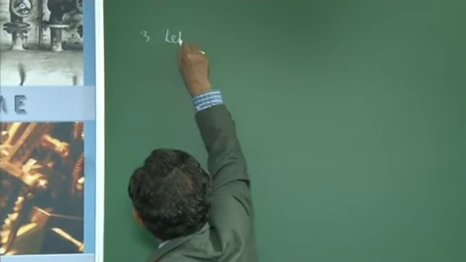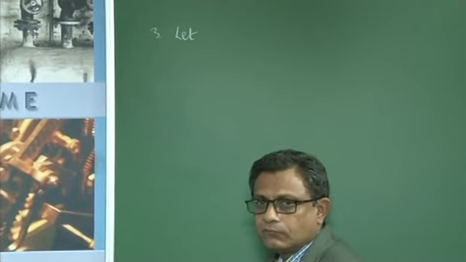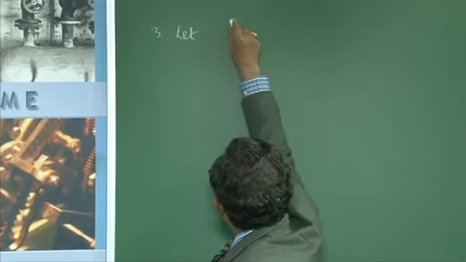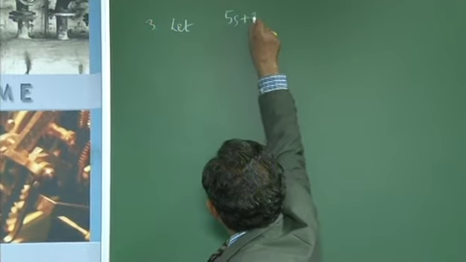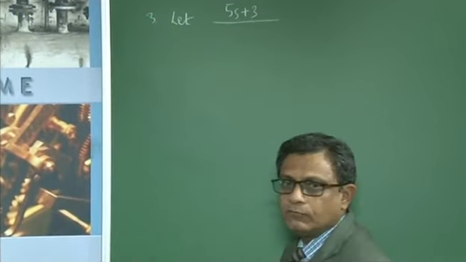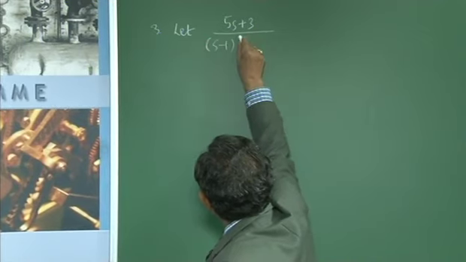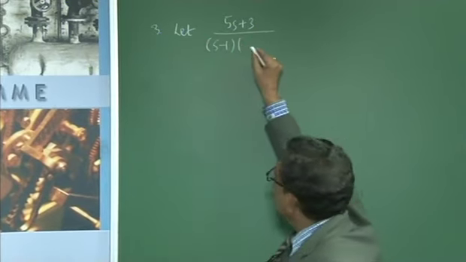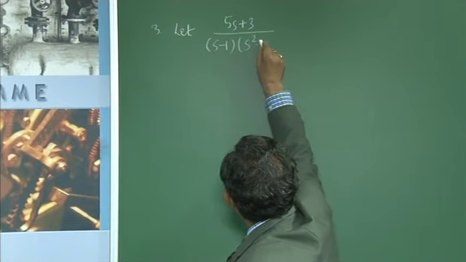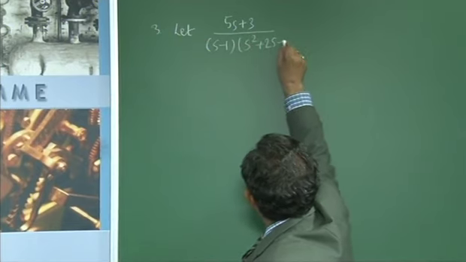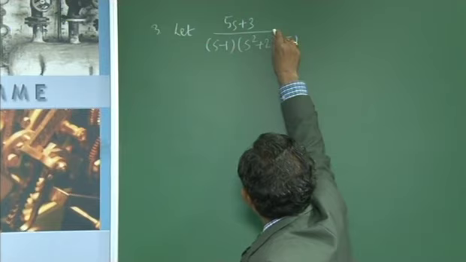Let your function be 5s plus 3 divided by s minus 1, a linear factor, into the quadratic factor s square plus 2s plus 5.